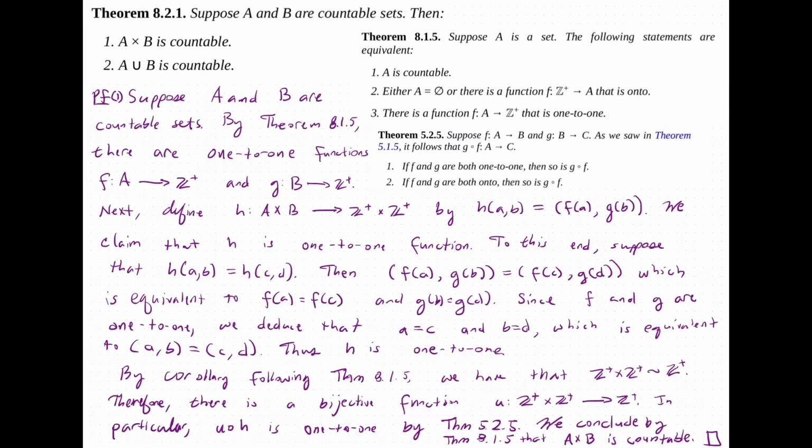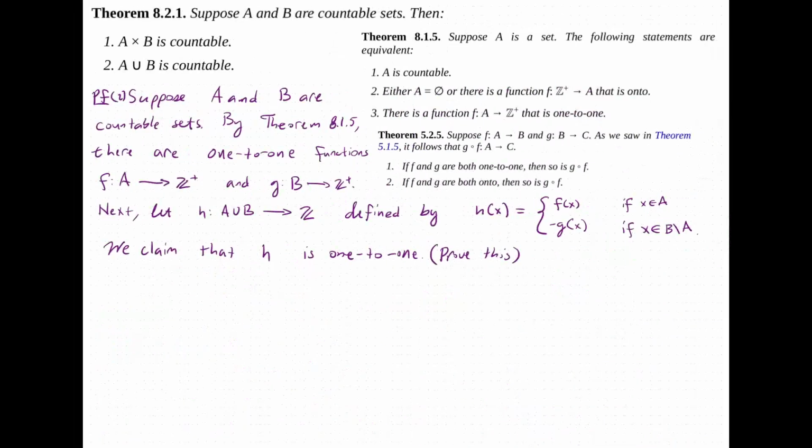In the previous proof, we used the fact that the positive integers, Cartesian product itself, was equinumerous to the positive integers to find a bijective function u between those two sets. Well, here our outputs are the integers, and we know that the integers are countable, namely numerable, so there's a bijective function to the positive integers.